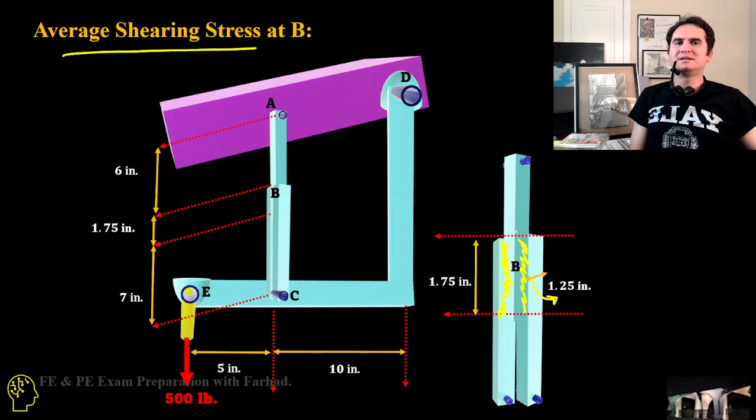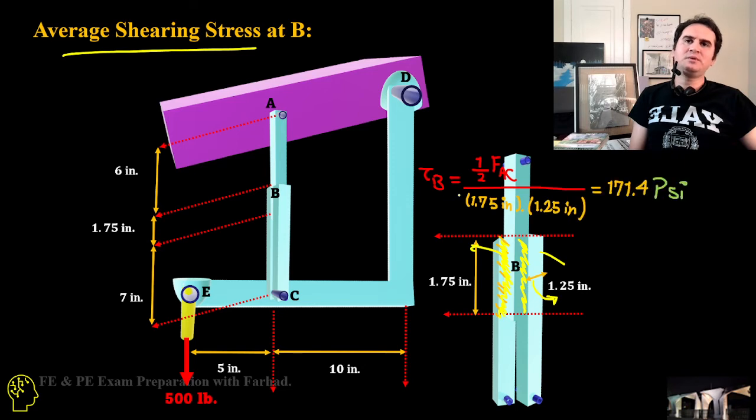That's the net cross-sectional area for each of the sides, either left or right. That gives us tau b as half of the force applied there, half of FAC over 1.75 length times the width on which the shear applies, in terms of the glue epoxy resin which you use.